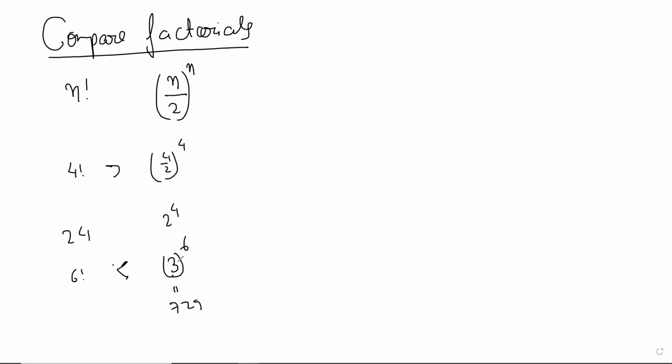These inequalities are used time and again because factorial is not such a good function, right? As a function, it doesn't have such an implicit definition. The definition is kind of multiplying the previous and previous. But n by 2 is just a power, n by 2 to the power n.